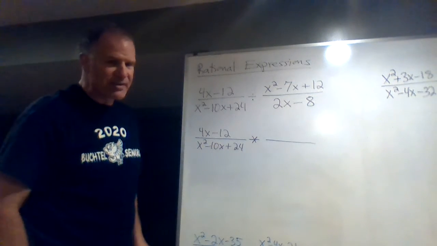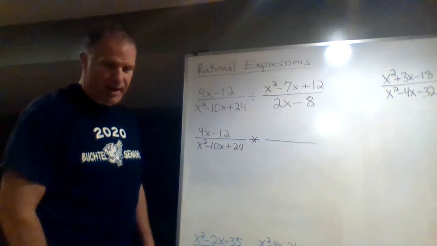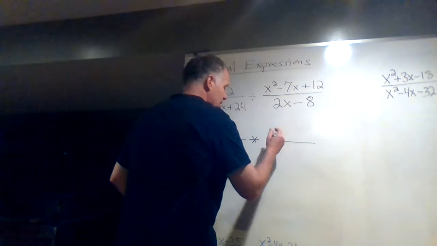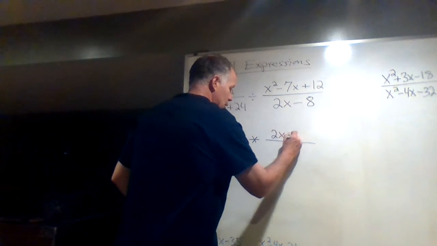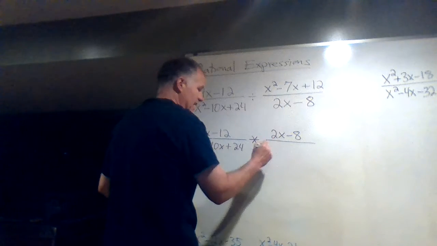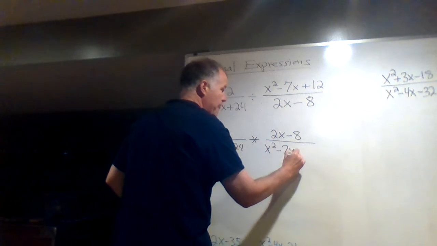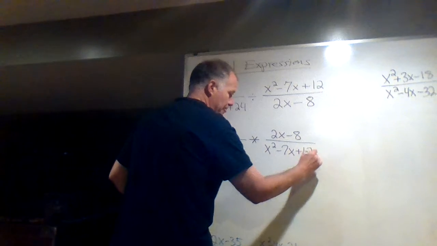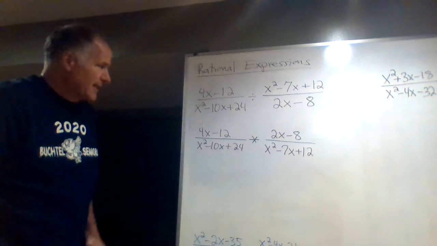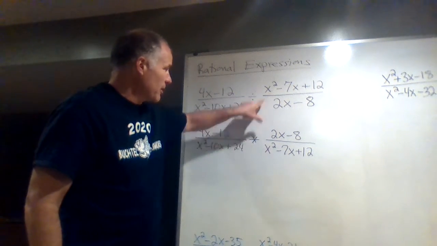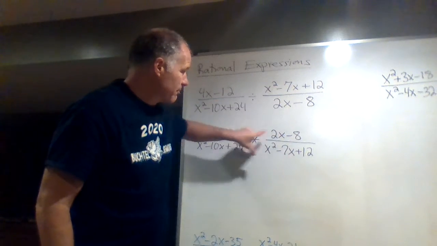We've done this a lot of different times with different types of problems, so this shouldn't be a big stretch. So I'm going to flip over. This second fraction has to flip over. Reciprocal. So again, not a big deal. The first fraction comes down because of division, flip over, do the reciprocal, and multiply.